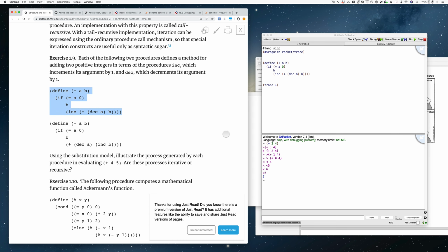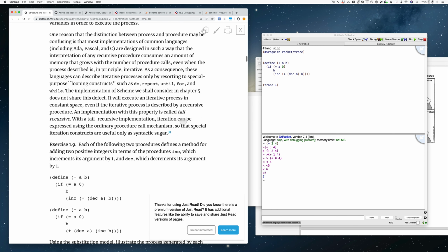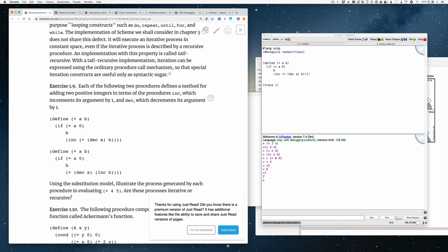And I'm going to say that this is a recursive process, to be precise about the language that SICP is using, because you could see just the flow of it visually, but also the interpreter needs to keep track of how many layers deep we are in recursive calls. Like that's vital information.